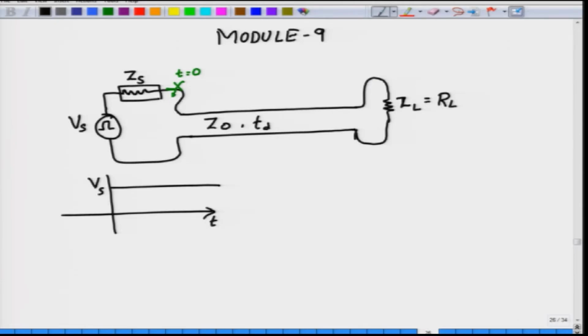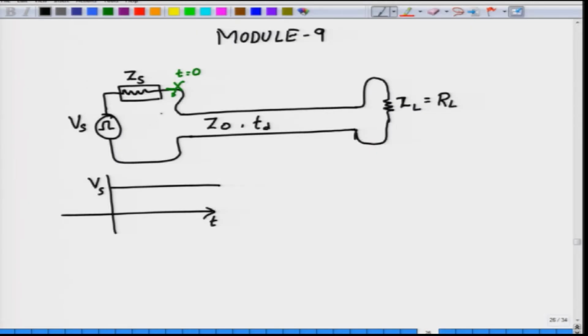What happens? Just at t equal to 0 when you close the switch, remember there is no line voltage and no current on the transmission line. At t equal to 0 the switch just closes and Vs and Zs are connected to the rest of the transmission line. Now, think about this for a minute.